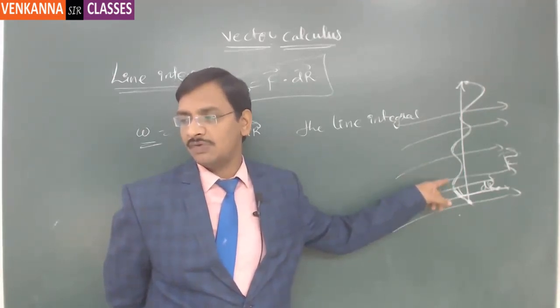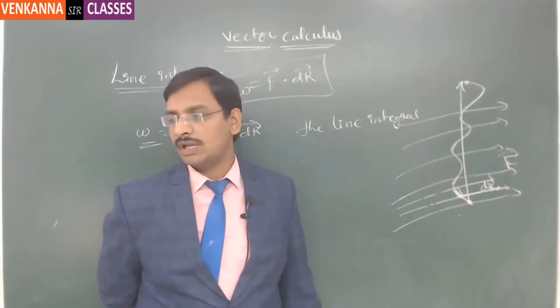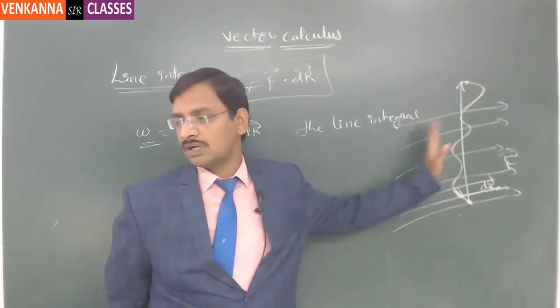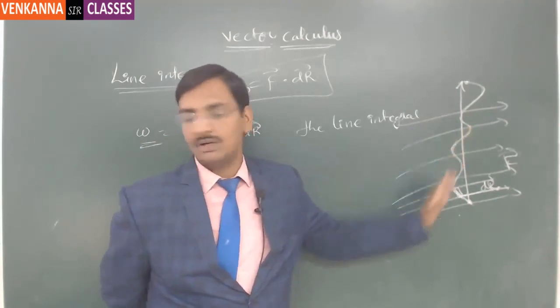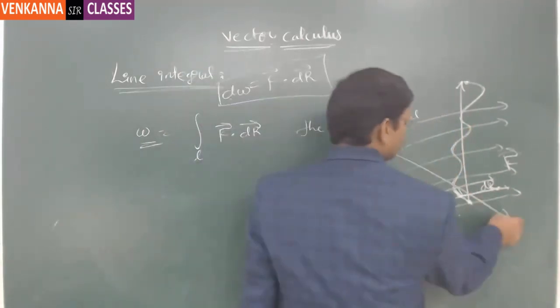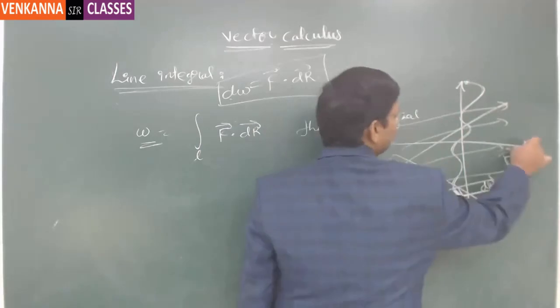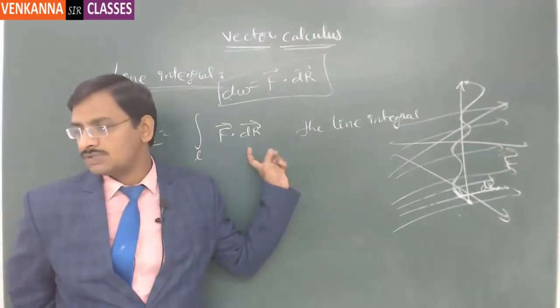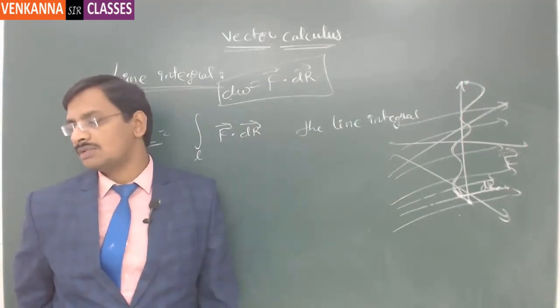If it is a single force, you can directly calculate with the displacement vector and the force vector in a specific direction. But if the field is this way here, this way here and this way here, how do you do that? There the application of vector calculus comes into the picture as the line integral.